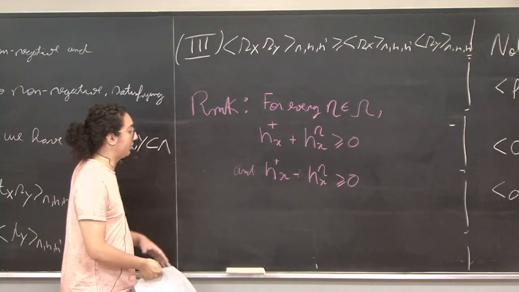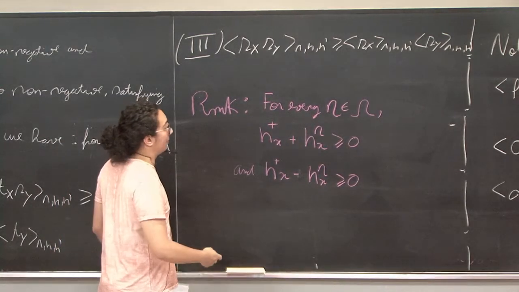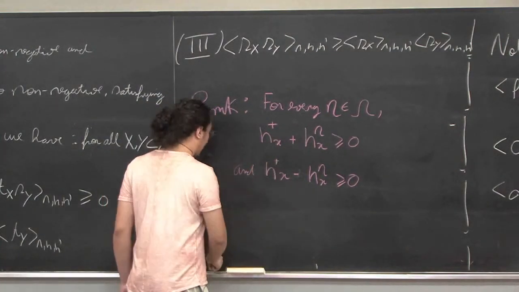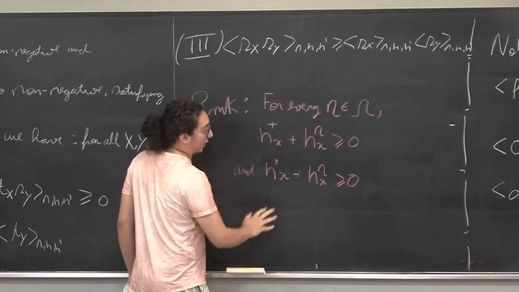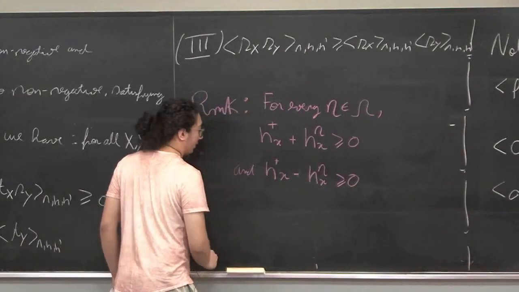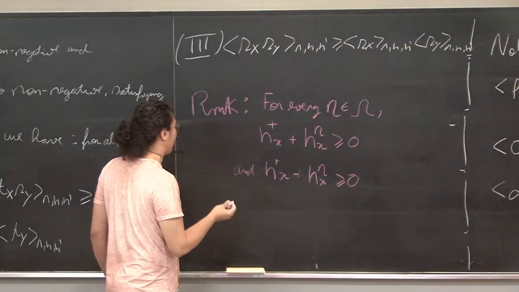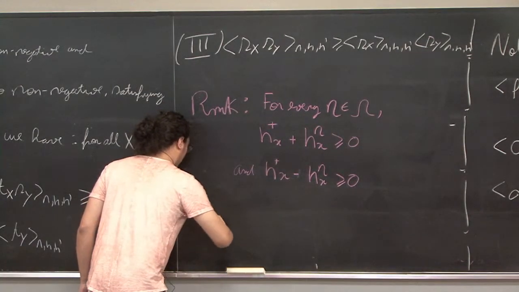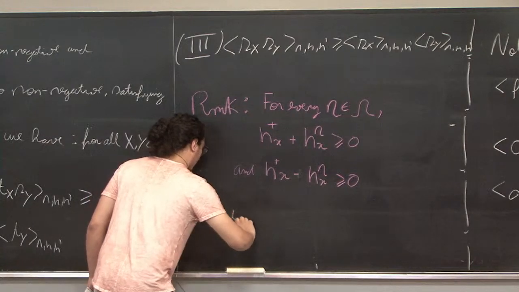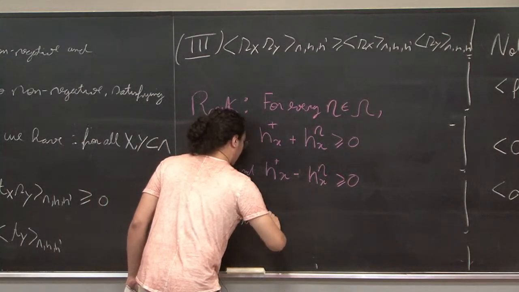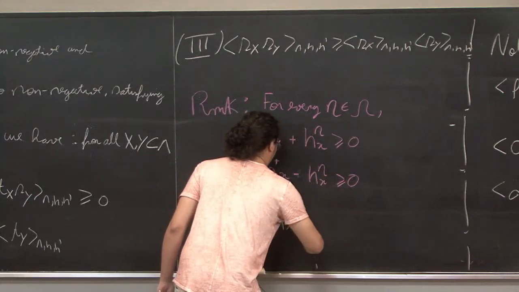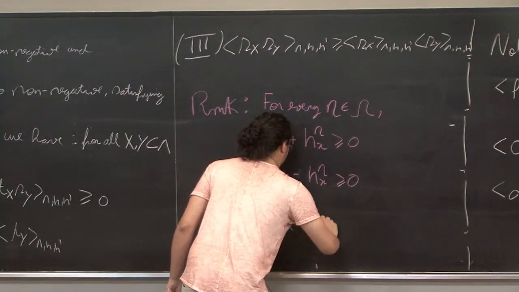You can see that because you're summing a term here. Maybe let me do the second one, because I think it's the same thing. I'm just going to do one of them. So here's the computation. h plus x minus h x at eta.